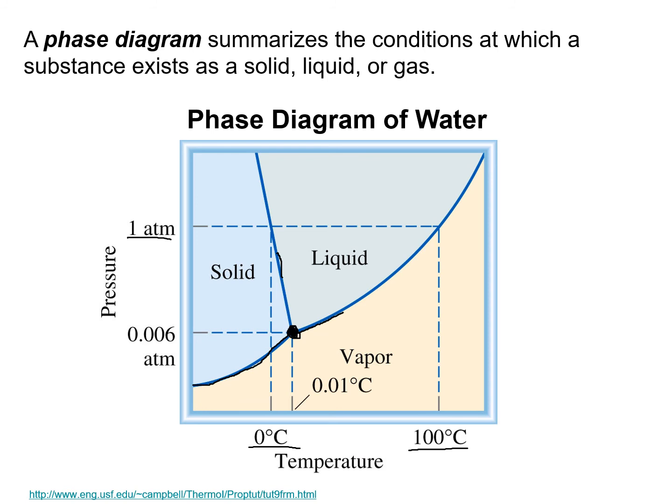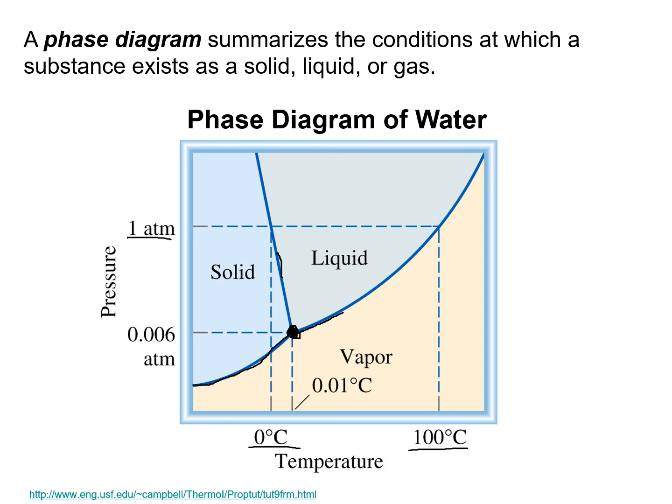And this is 1 atmosphere. And the critical pressure, I think, was 219 atmospheres. So that point is way off this graph.